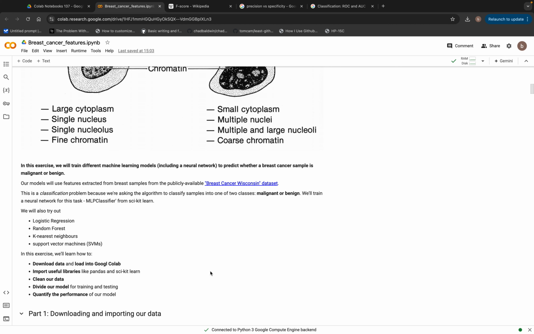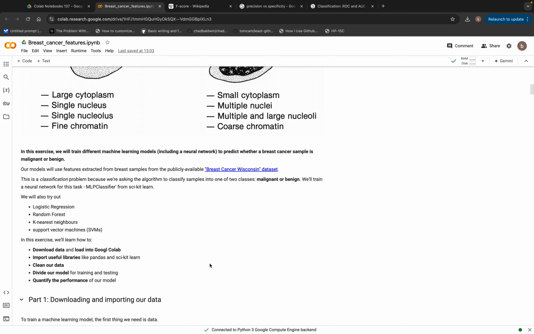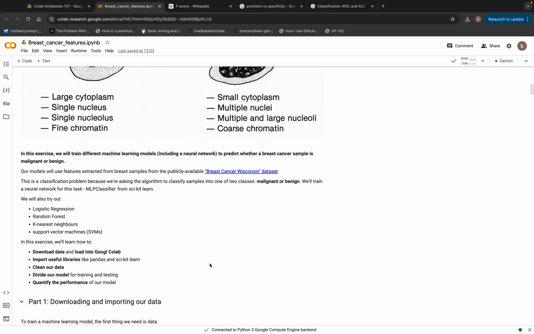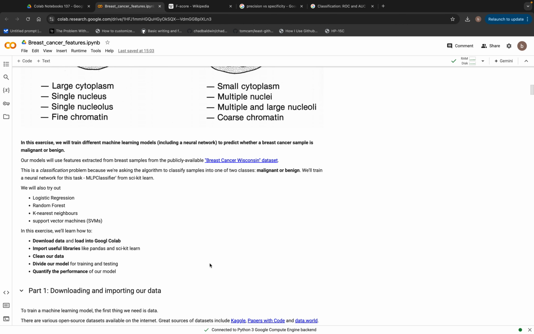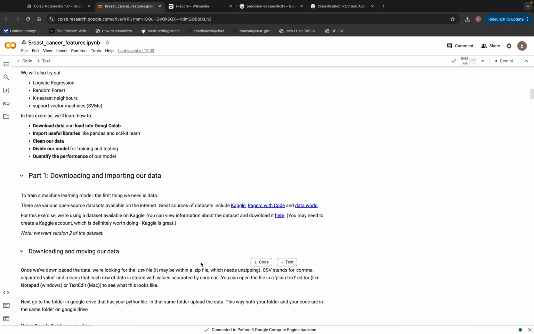Don't be concerned if you don't understand all these different terms. At this point, we're just trying to use it and play with it. Just imagine it's a system where you can put in numbers and get out a prediction. That's all that it really is. It's just an algorithm. If you want to delve deeper, you can take courses that will teach you a lot more about these different types of classifiers. Here, we just want to practically use them and get a sense of what they feel like.